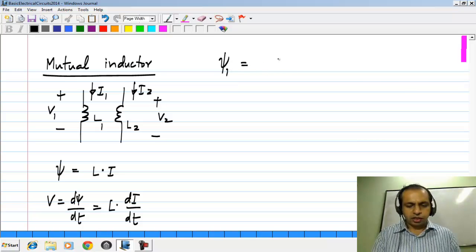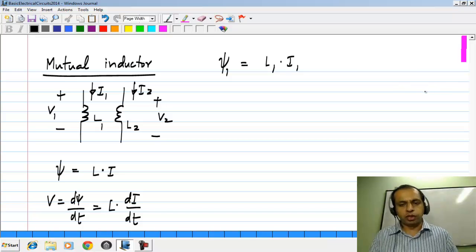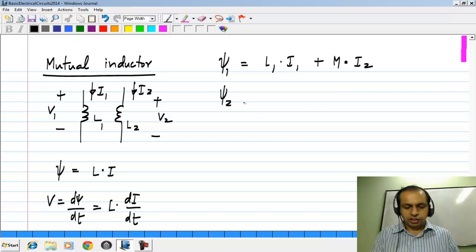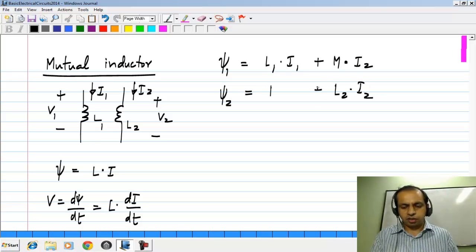Okay. So in such a case, what happens is that the flux linkage in the first inductor is some L1 times I1, which is what we expect knowing what we know about inductors, but it is also related to some other constant M times the current in the second inductor. Okay. And similarly, the flux linkage in 2 is related to L2 I2, which is what you expect given the second inductor, plus the same mutual inductance times the current in the first inductor.